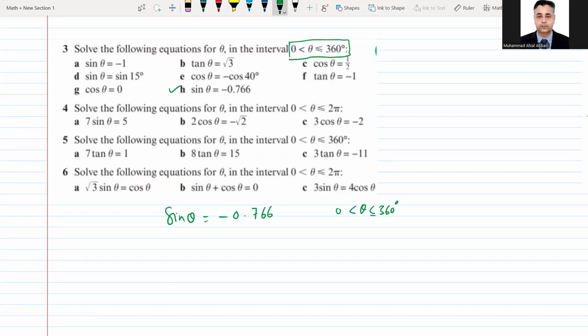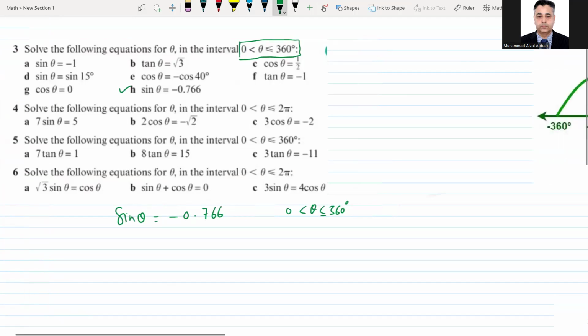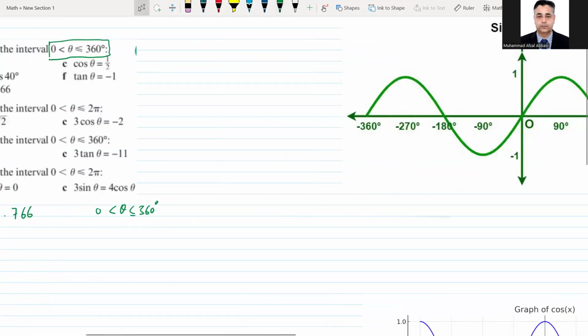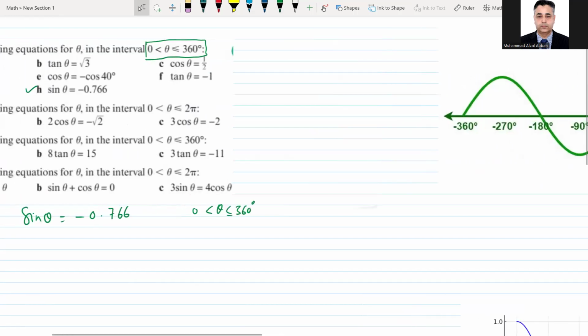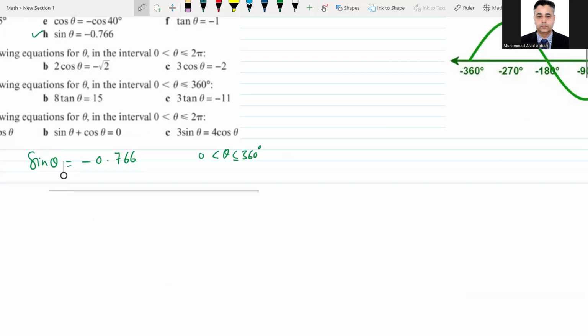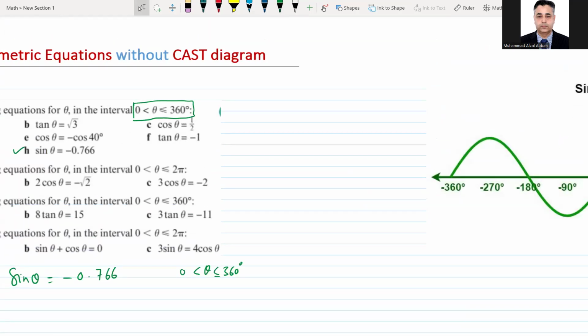All right, so before we come to the steps of solving equations, we should know how it is related to the graph of the sine function. So here is the graph of the sine function, and we want to solve the equation y equals sine theta equals negative 0.766.